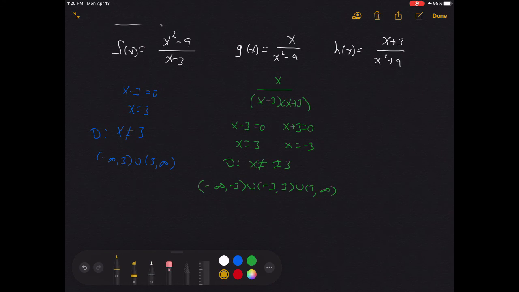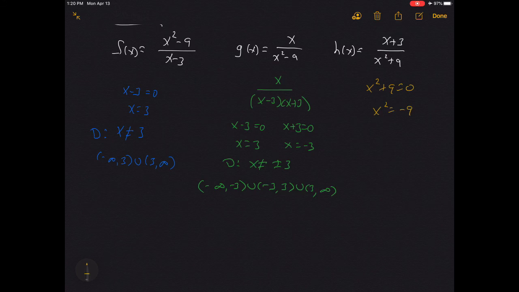All right, and then our last one. X plus 3 over x squared plus 9. Well, x squared plus 9 does not factor. It's a sum of perfect squares. That is not factorable. So the only thing we can do is take the x squared plus 9 and set it equal to 0. And when we set this thing equal to 0, we're going to try and solve this. Well, again, it doesn't factor, so the only way I could try to do this is to subtract 9 on both sides, and then take the square root.